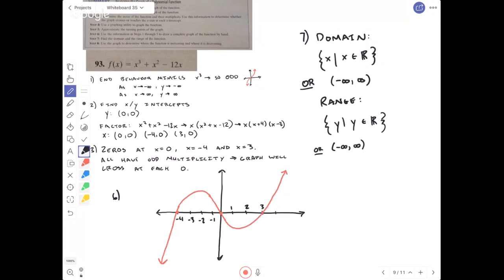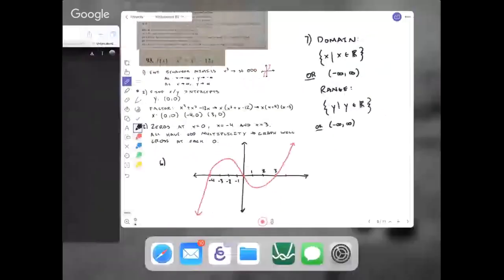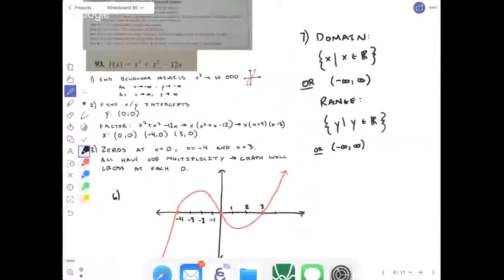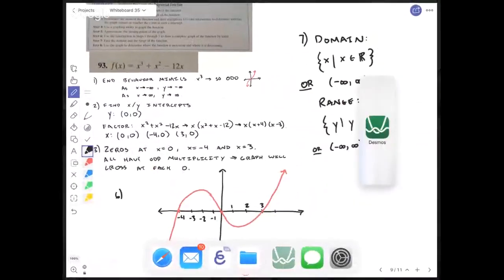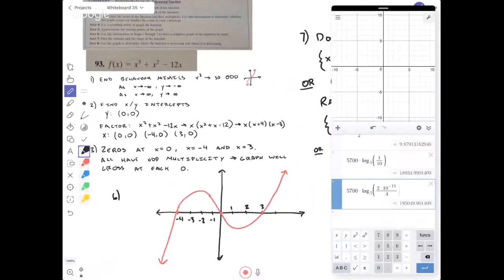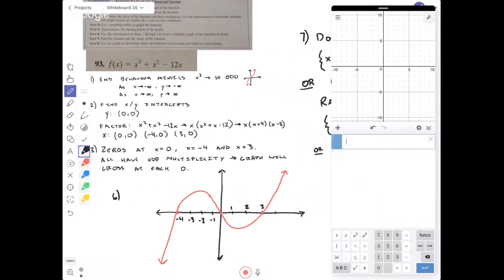Step 8. Where is the function increasing and where is it decreasing? Well, in order to get that, I need to know the minimum and maximum values. So now I'll go ahead and check my work in Desmos, and we can find out where the turning points really are. So going into Desmos, this is now something that we would not see on the test because you won't have Desmos.